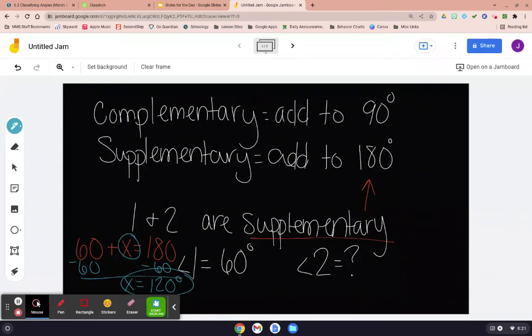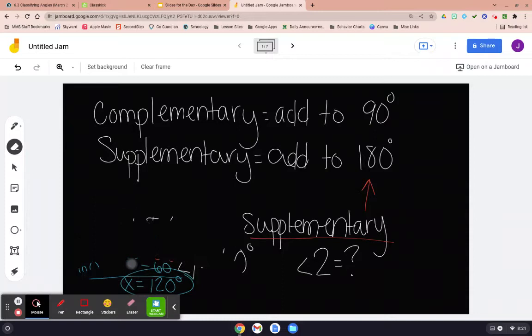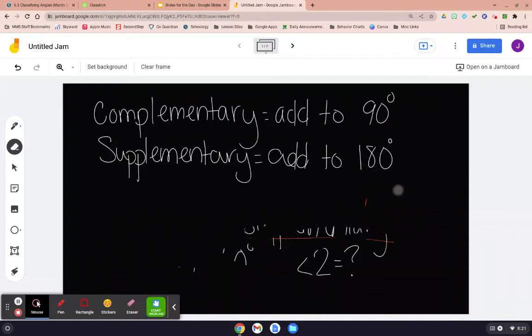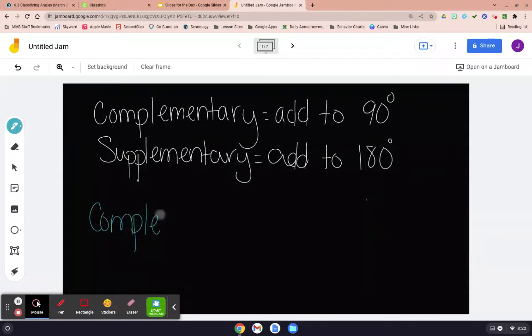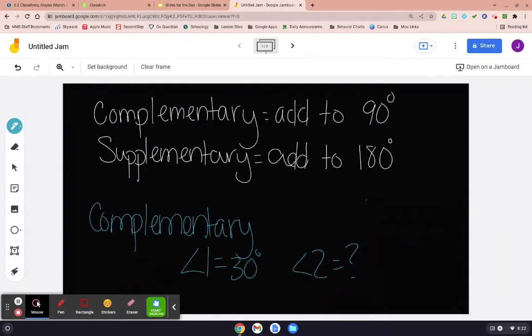All right, so what if you were told that two angles are complementary this time? So if two angles are complementary, and you know that angle 1 is equal to 30 degrees, what is angle 2 going to be equal to?